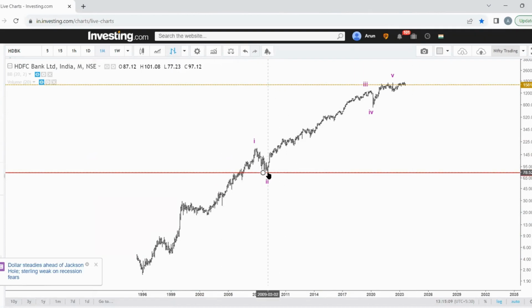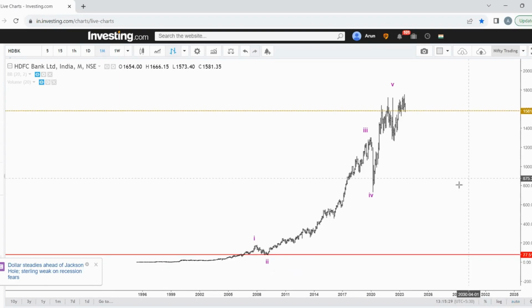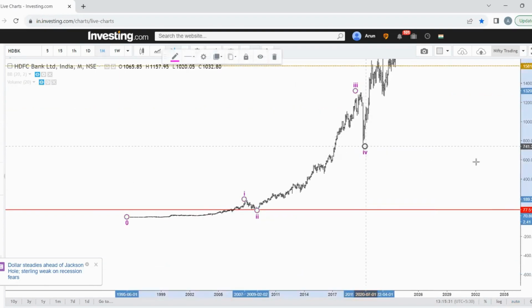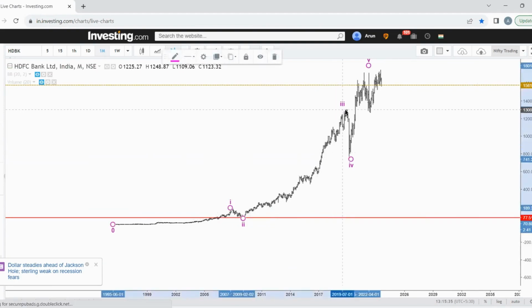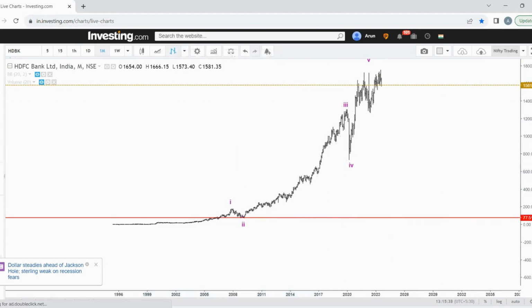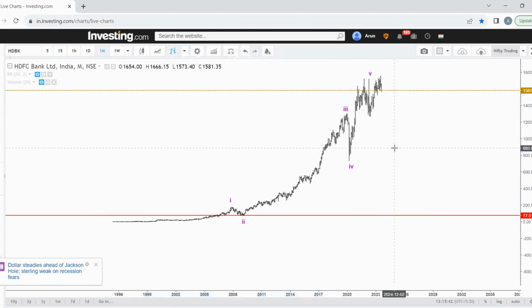I just mark this level for knowing the wave 1 completion, because if we take off the log, we're not able to find that. So that's why I marked here. So now you can understand. Wave 1, wave 2, wave 3 and wave 4, 5 ended or not. That's our point now.